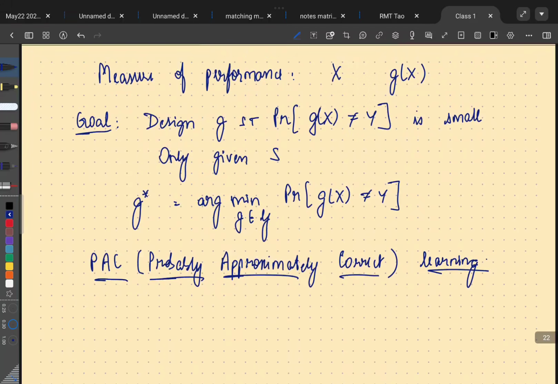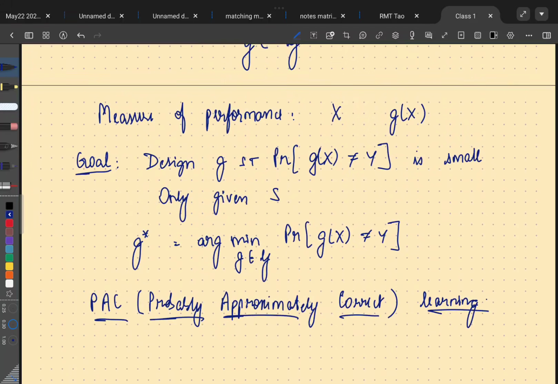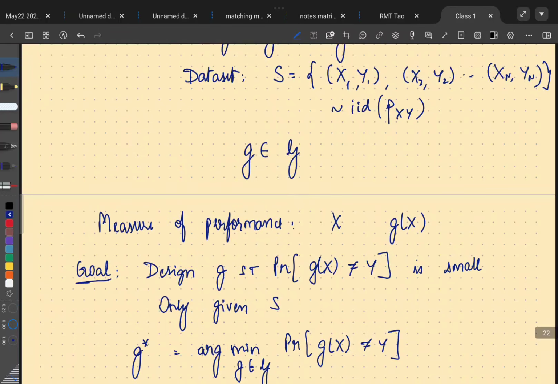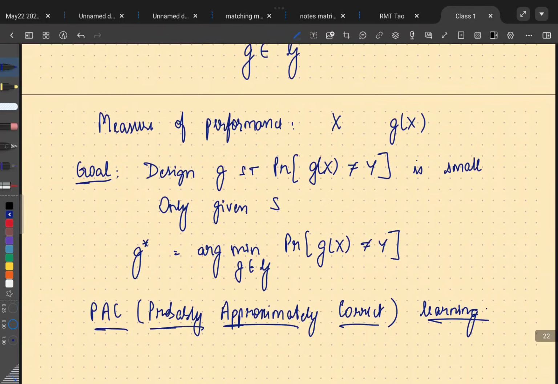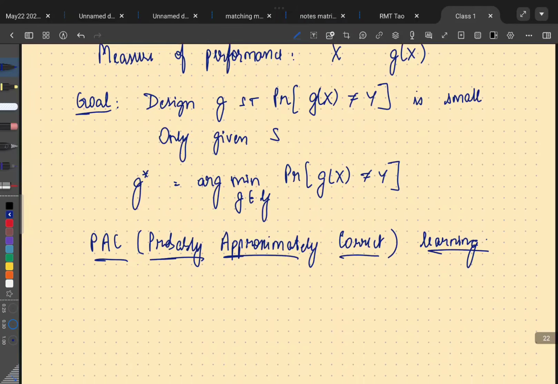And the other thing is we are designing the algorithm based on a random data set, n IID samples. So obviously you can't get G star or close to G star all the time. With some probability you are going to get something that is very different from G star. It's bound to happen.